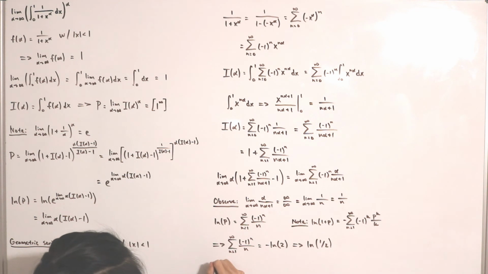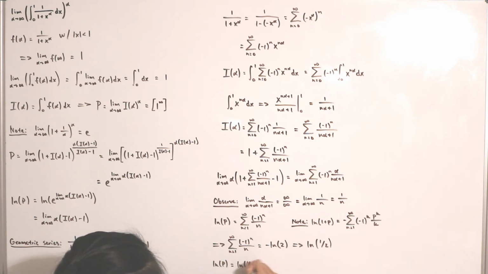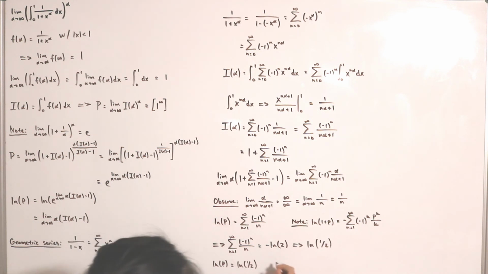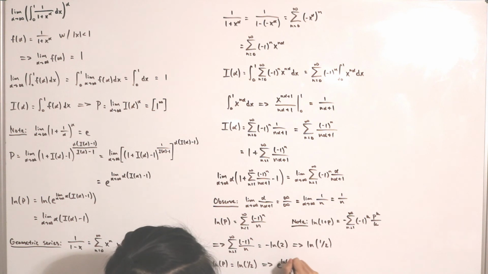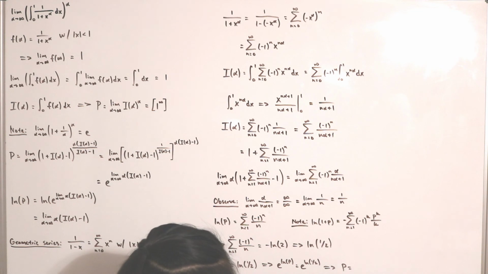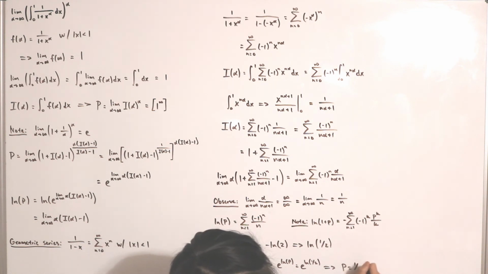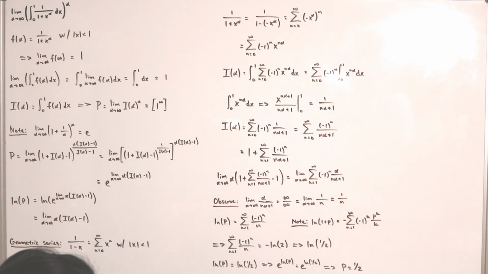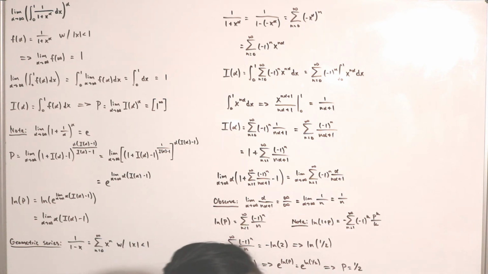The last thing to do, now that we have ln of p equals ln of 1/2, is to take e to the ln of p and e to the ln of 1/2 to get that p is equal to 1/2. Oops, messed up there. p is equal to 1/2. And we are done. Let me circle this in black to reiterate.